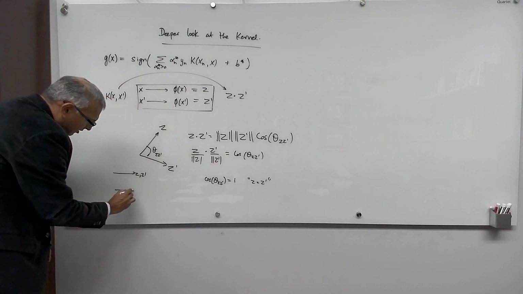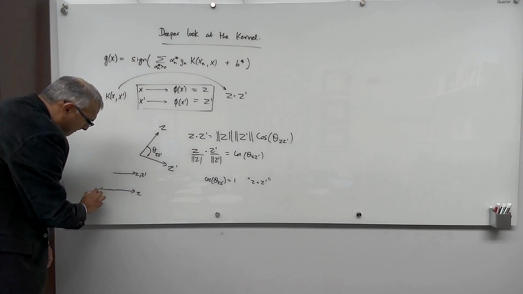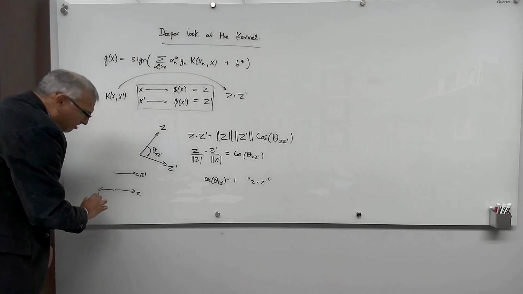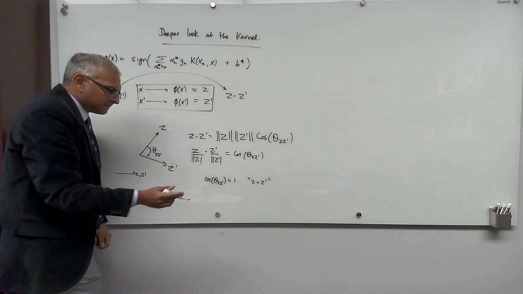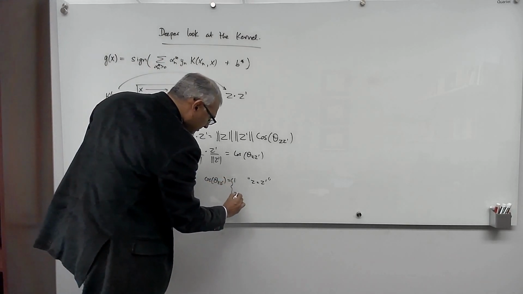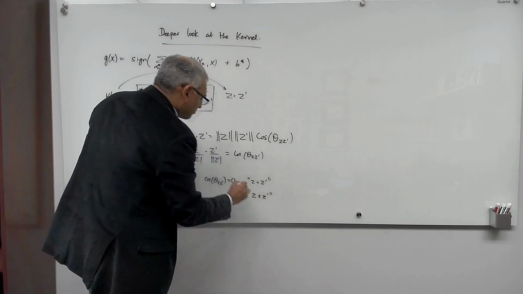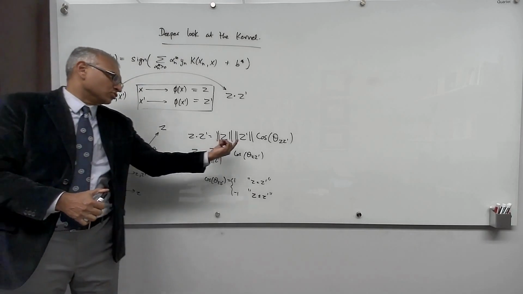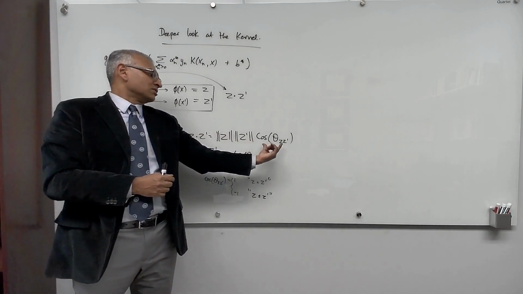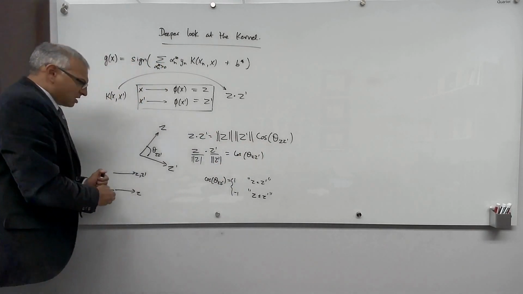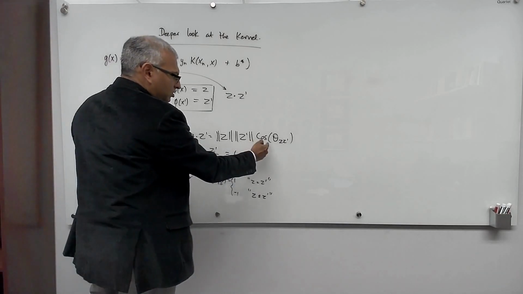And when z and z prime are in the opposite direction, maximally dissimilar, then the cosine is minus 1. Modulo the norms, you can think of the cosine of this angle as a measure of similarity. It's sometimes called the cosine similarity.